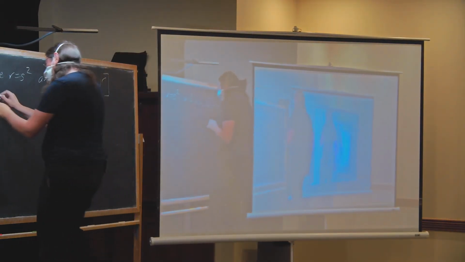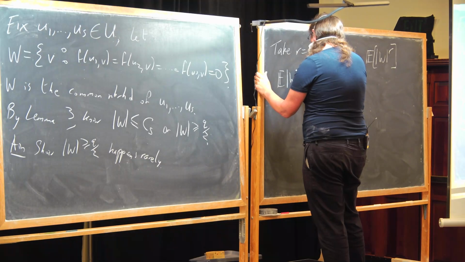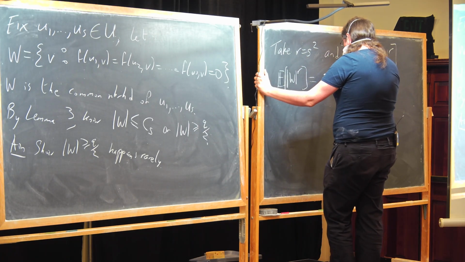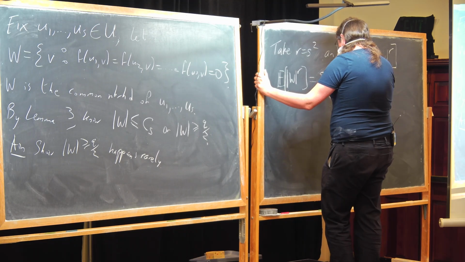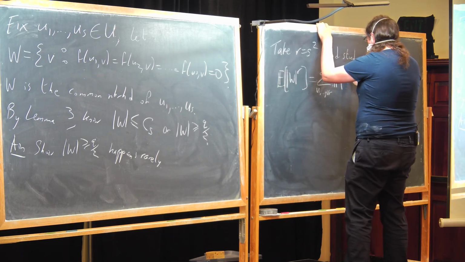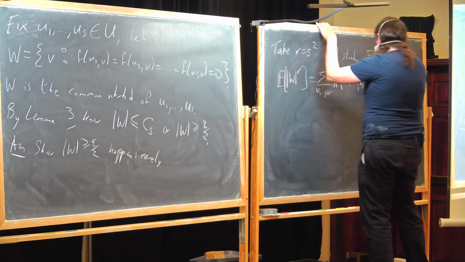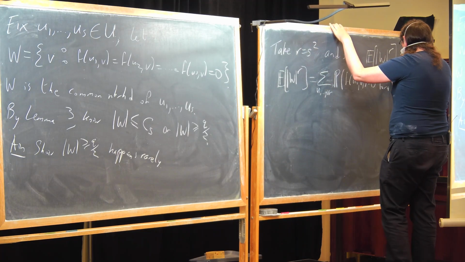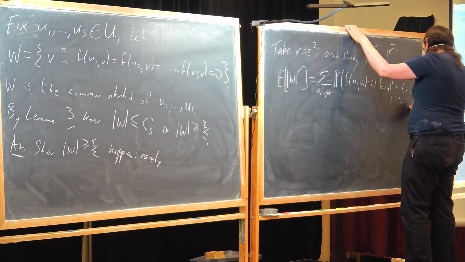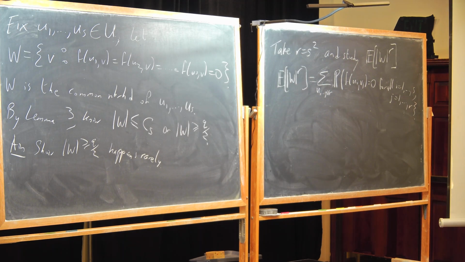This is the expectation of |W| to the r, which is just basically the sum over v_1 up to v_r of the probability that f(u_i, v_j) is equal to 0 for all i equals 1 up to s and j equals 1 up to r. So I'm just basically taking the neighborhood and taking all r-tuples that are contained within that neighborhood.